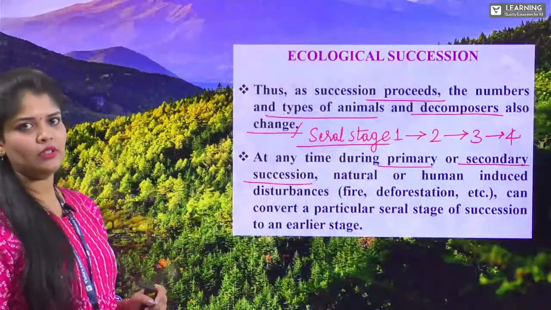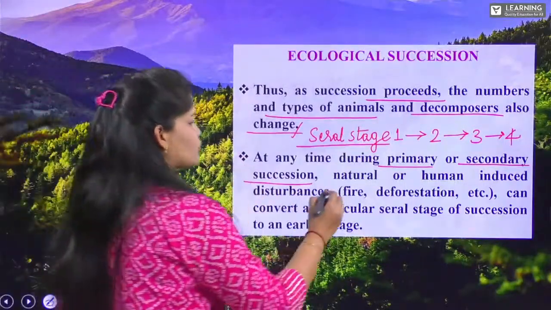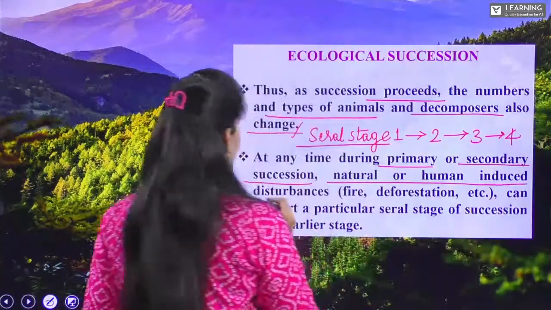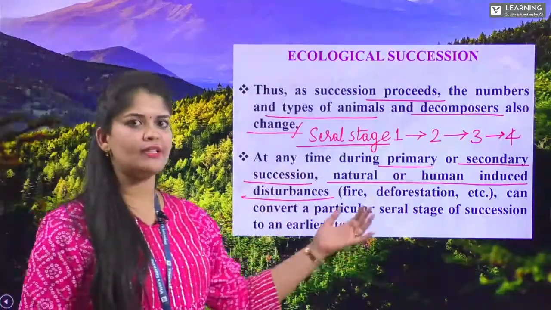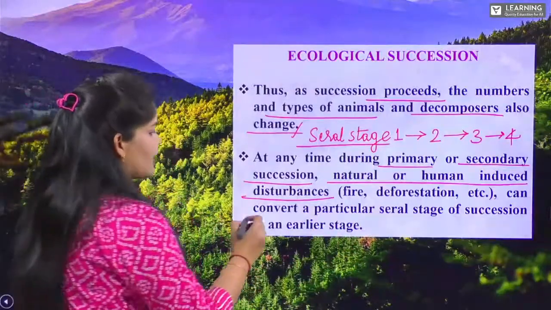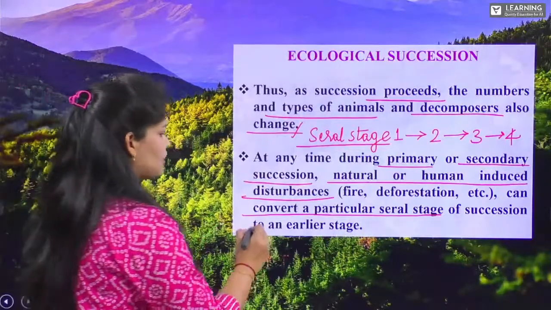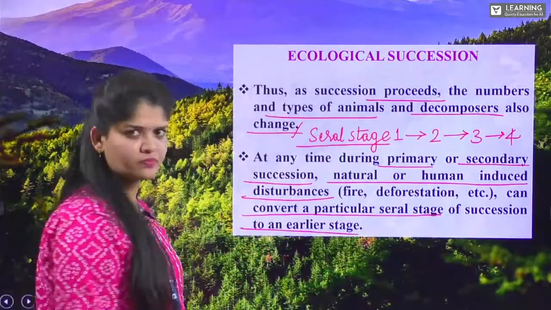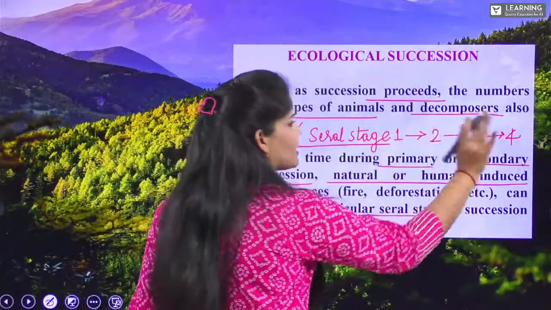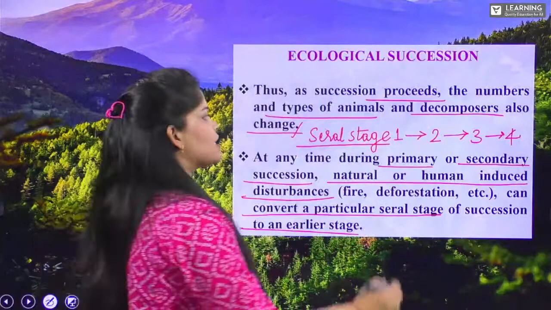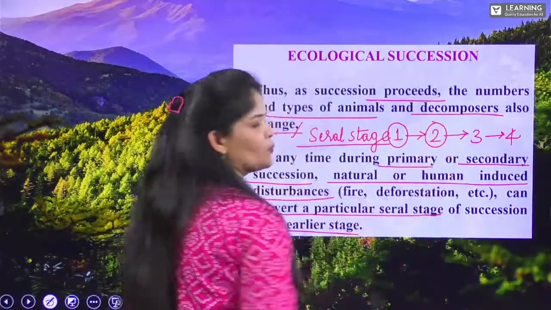At any time, whether it is primary succession or secondary succession, natural or human-induced disturbances in the form of fire, deforestation, etc., can convert a particular serial stage of succession to an earlier stage. To understand this, for example, a particular plant succession has reached stage 1. After that, it has reached stage 2.